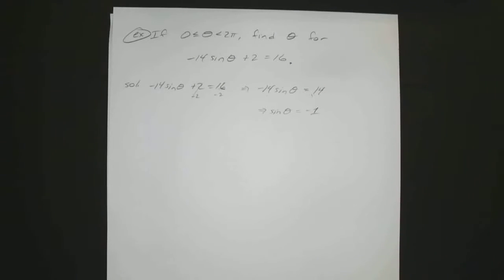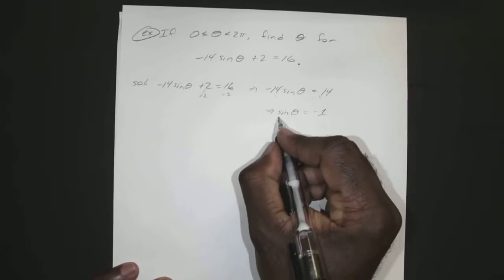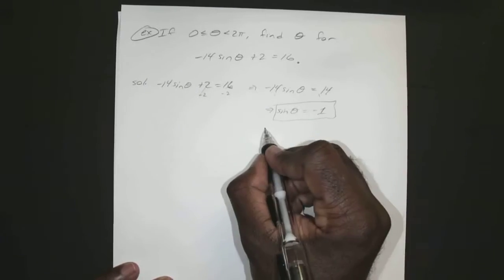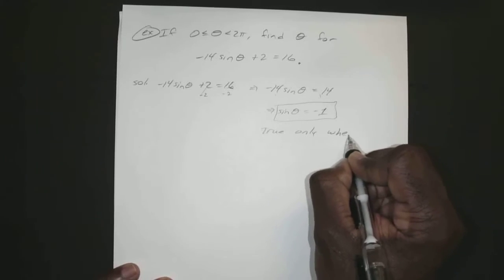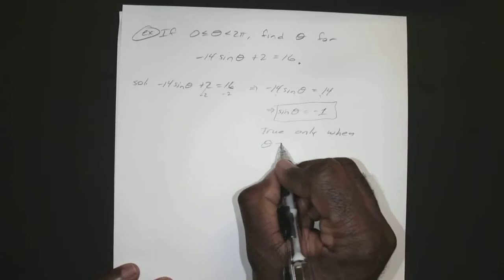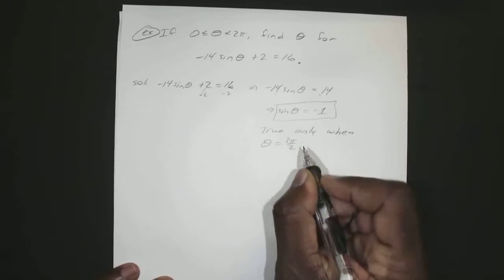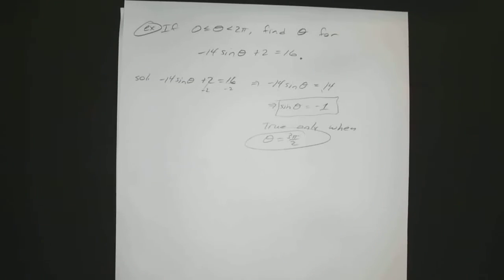So between 0 and 2 pi, we only have one value where sine of theta equals negative 1. This is true only when theta equals 3 pi over 2. So you don't really have to worry about the quadrant there, because there's only one value that would make that true.